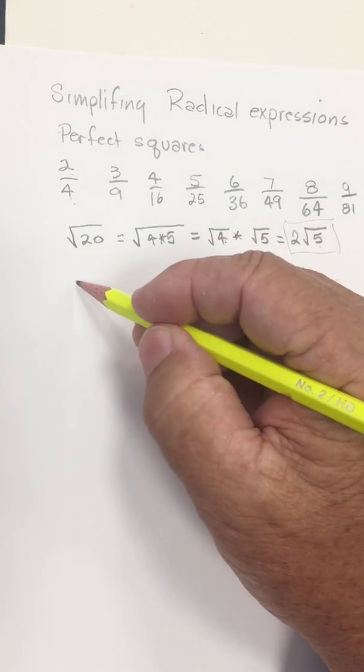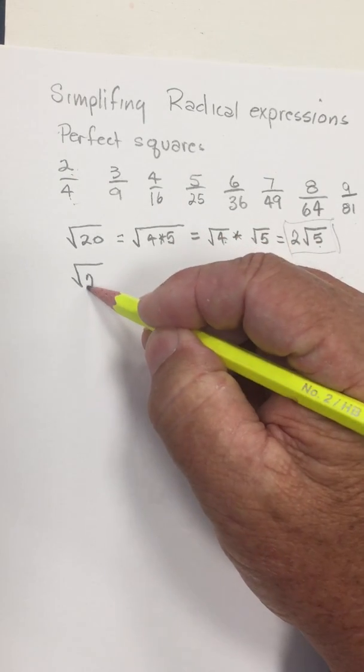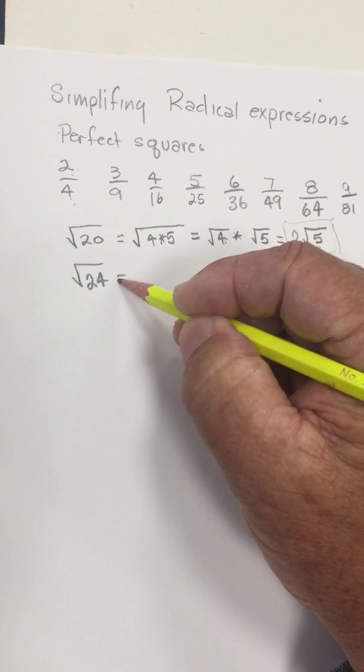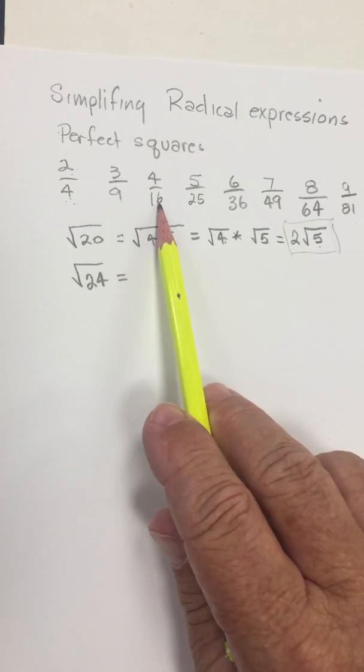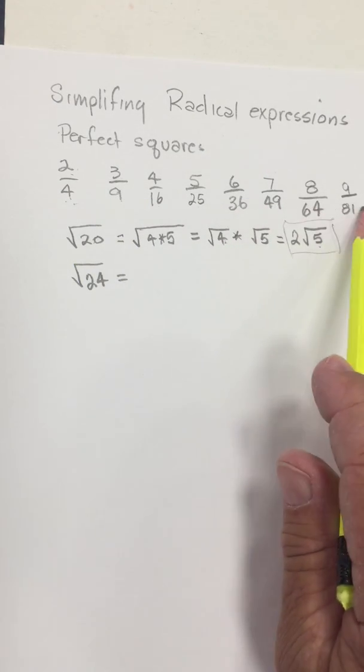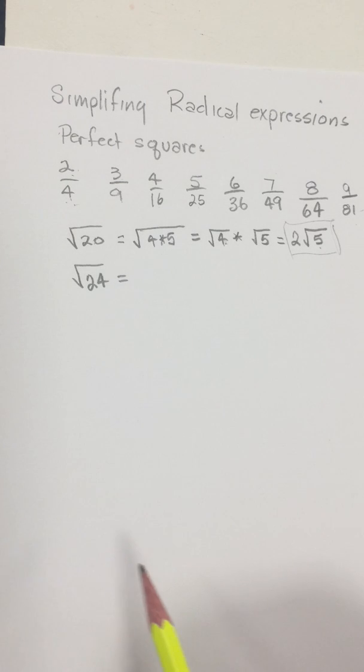Let's take another one. Let's say the square root of 24. What two numbers do you multiply together to get 24? Well, you have 3 and 8, but I don't see 8 up here or 3. Okay, we've got 1 and 24.